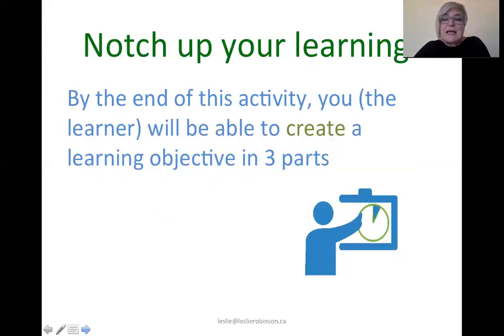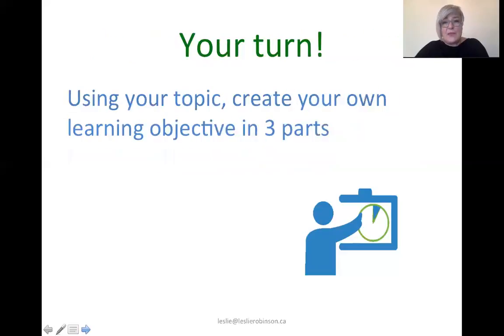So by the end of this next activity, you, the learner, will be able to create your own learning objective in 3 parts. So this is where I turn it over to you. This is your turn. In this next section, we take 20 minutes or so, and you create your own learning objective in 3 parts.